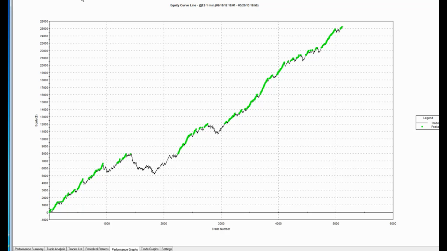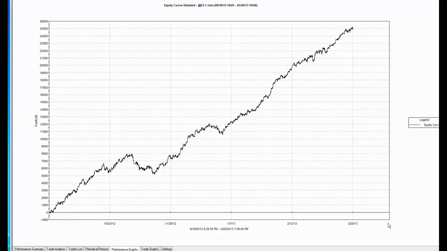I haven't even bothered to go back and test the time periods. Basically, it takes a while to even get to this point, John, and then do all the optimization on the inputs and make sure the code's working right. But they also have what they call a detailed curve, and it actually uses time instead of trades for its x-axis.